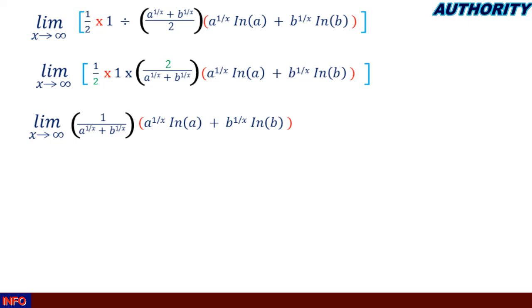When we multiply these two together, it gives us a fraction that looks like this: the limit as x approaches infinity of (a^(1/x) ln a + b^(1/x) ln b) all over (a^(1/x) + b^(1/x)).